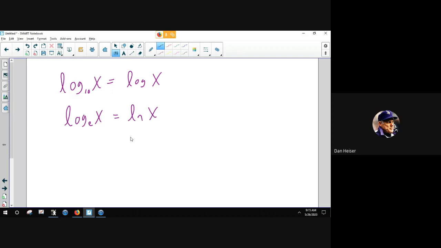So is natural log of x. Log base e is called natural log. Sometimes it's called naturalis logarithmic, which was translated into ln. Makes perfect sense. Natural logarithm.